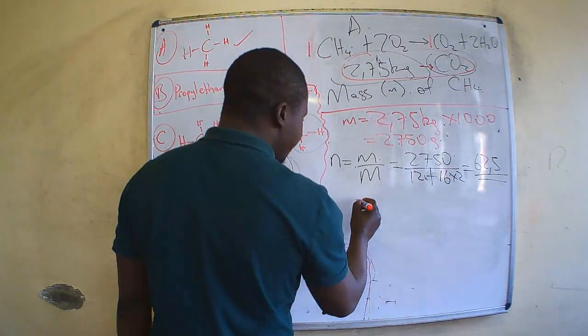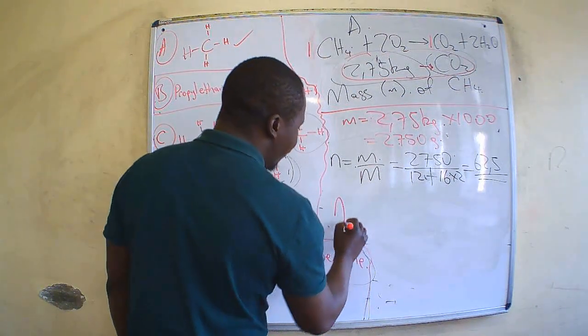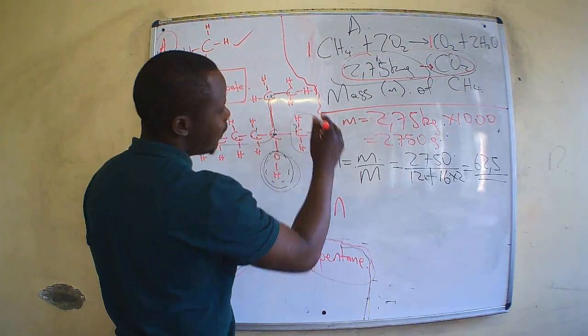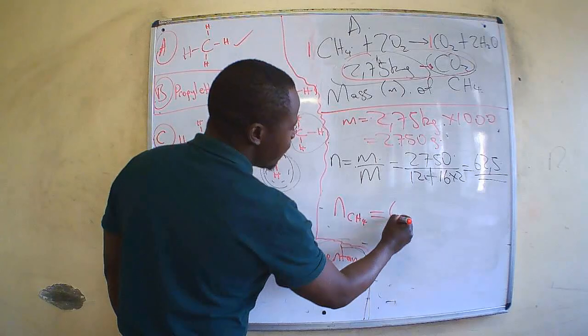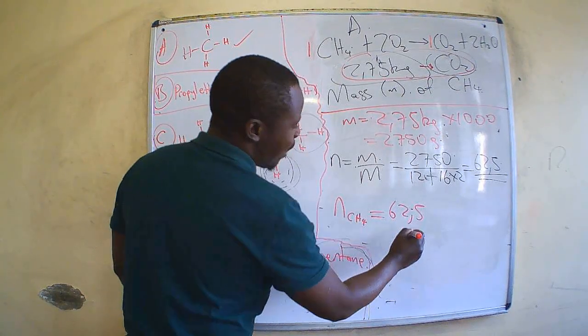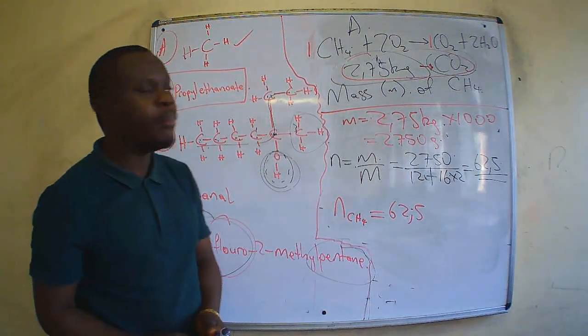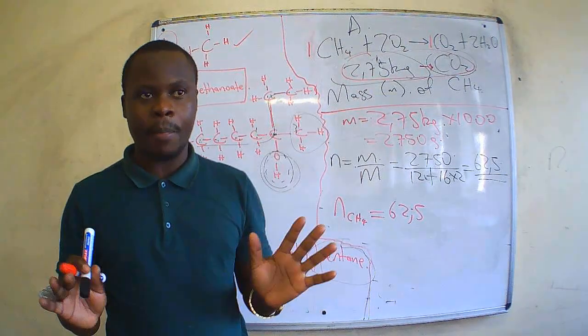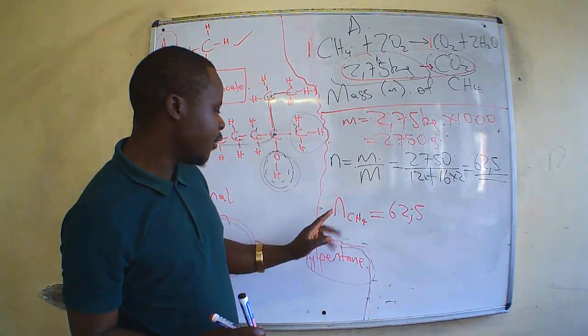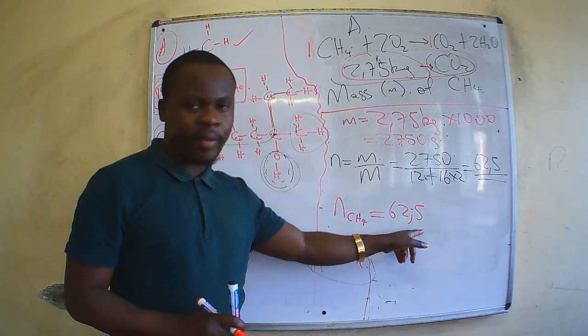So if it is 1:1, it means the number of moles of CH4 is also going to be 62.5. Why 62.5? Because the molar ratio here is 1:1.